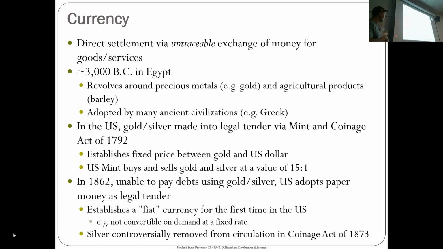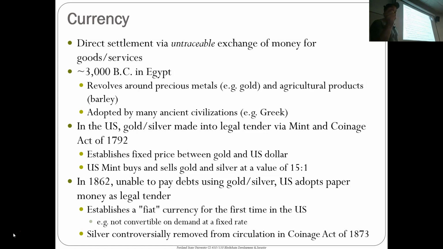In the aftermath of the Civil War, or as the Civil War was being pursued, we had the inability to pay debts using our existing gold and silver, and so the U.S. adopted paper money as legal tender.